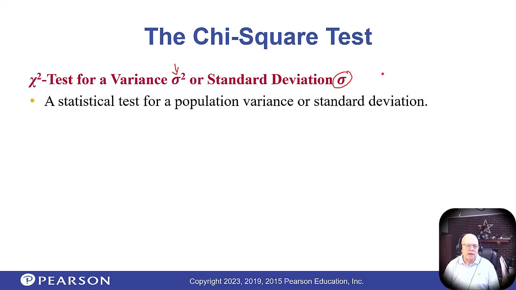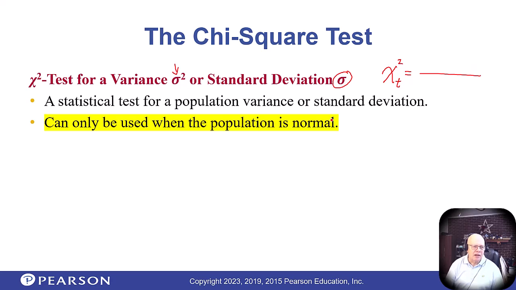And as you maybe could guess, the chi-squared test value will have a value, and since we have variance or standard deviation, there's going to be squares out here. We'll see that in a minute.